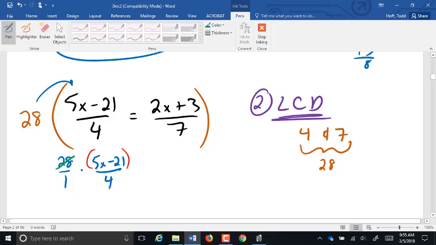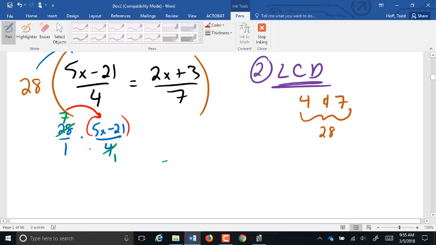We cross cancel the 28 and the 4, both divide by 4. 4 divided by 4 is 1. 28 divided by 4 is 7. Now we have to distribute the 7. 7 times 5x is 35x. 7 times the negative 21 is negative 147.